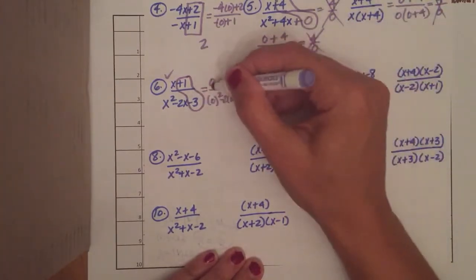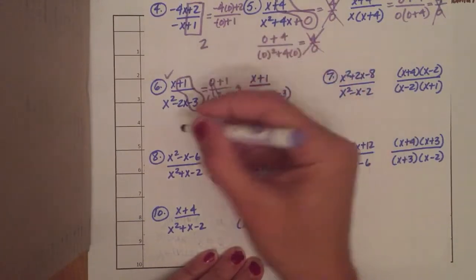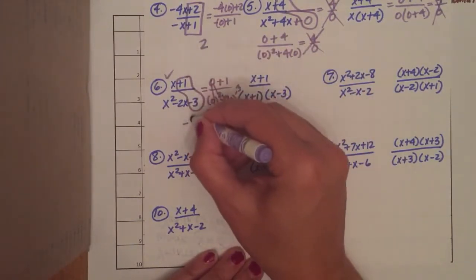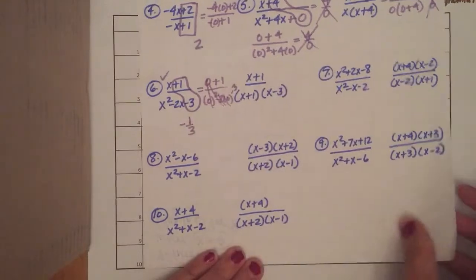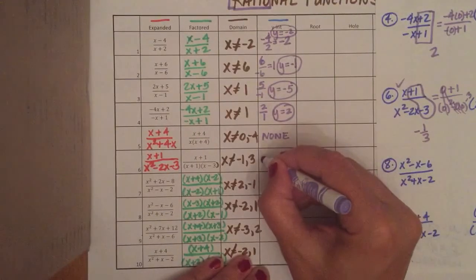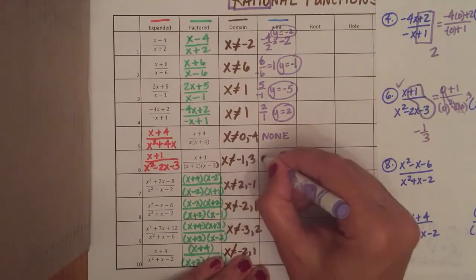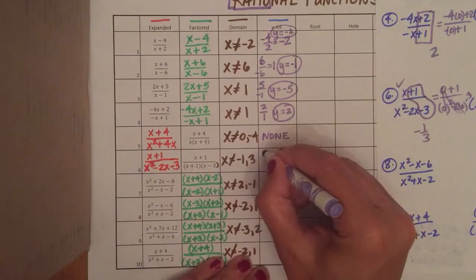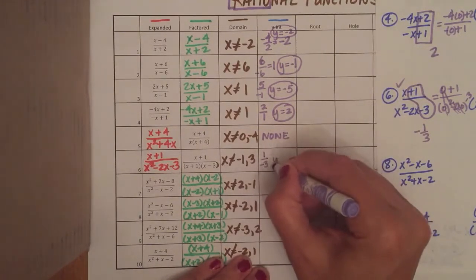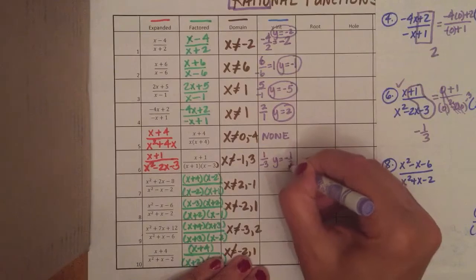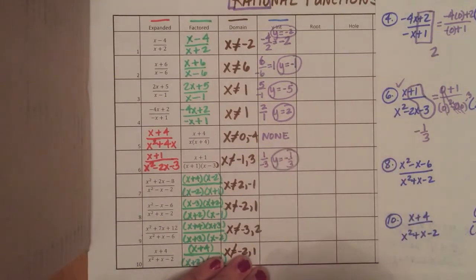You would get the same thing. Everything would cancel out except for the 1 and the 3. So 1 over negative 3 is negative 1/3. So for number 6, I've got 1 over negative 3, so y equals negative 1/3. That is your y-intercept for number 6.